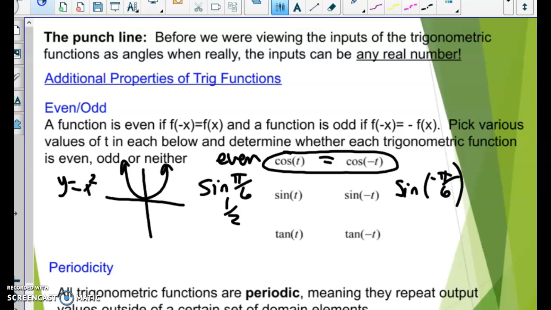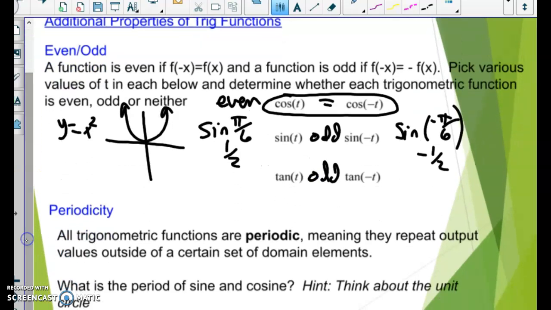The sine at negative pi over 6 is negative 1/2. So I get the opposite value. So I'm going to call this one an odd function. And then the tangent, if I look at this one, we see that this is also an odd function. I'm not going to take the time to plug it in. You can look at that yourself.